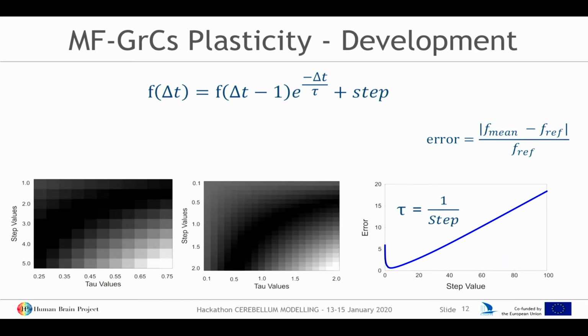So if we have more spikes, the frequency is increasing, and then we have an exponential decrease. We have two parameters, step and tau, which give different behavior depending on their values. Then we optimize those parameters to have a function that can keep track of different frequencies.